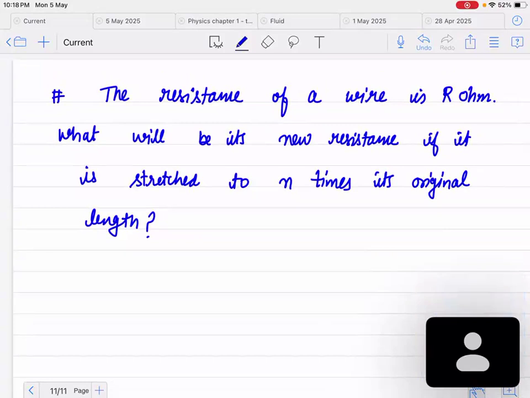So the wire is stretched to n times the original length. What is the new resistance?